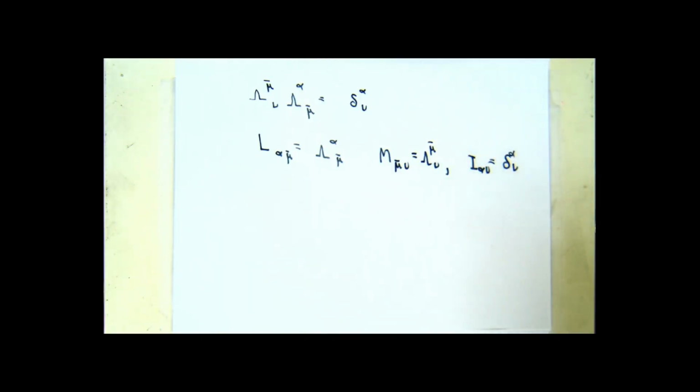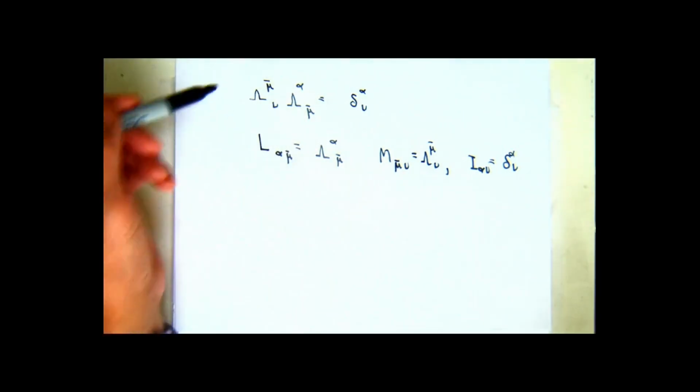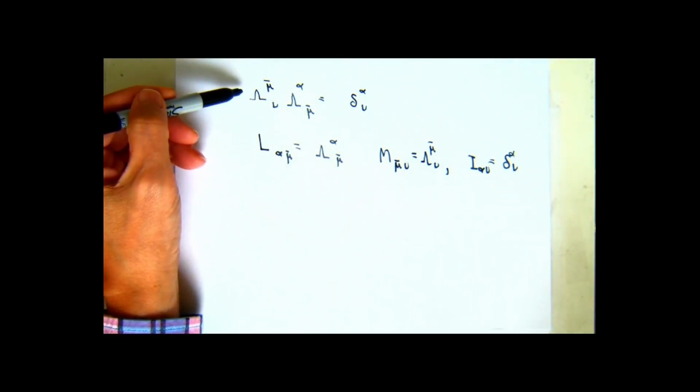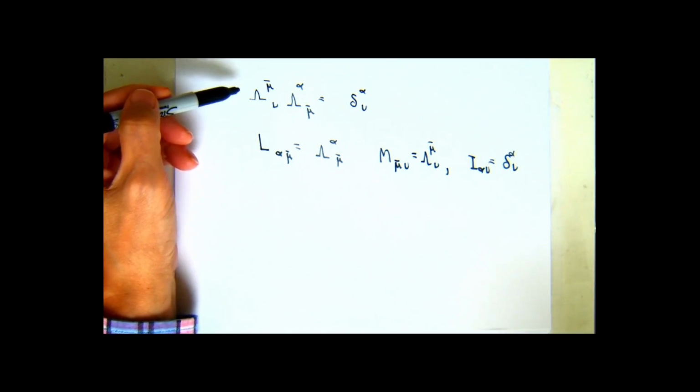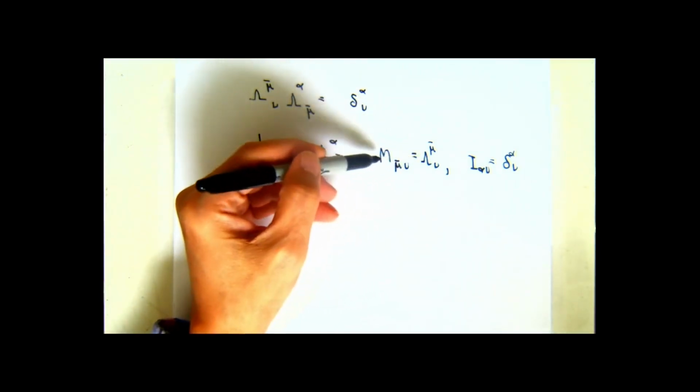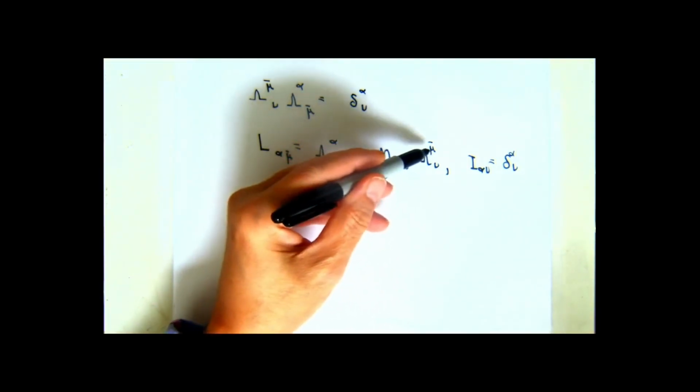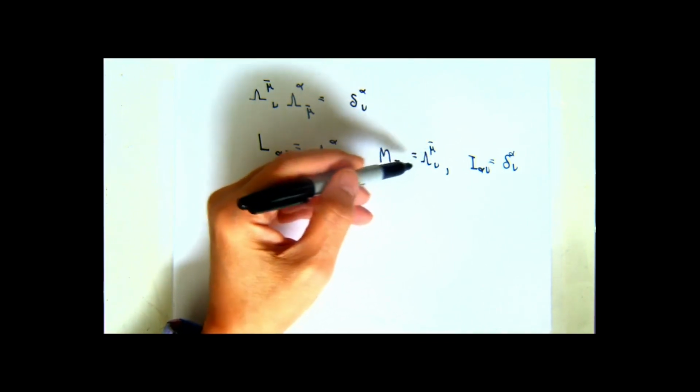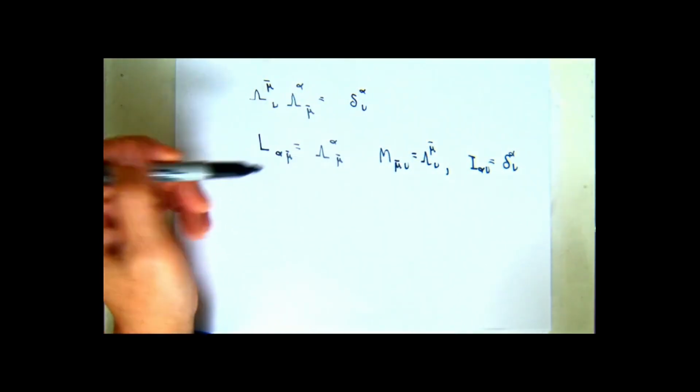I'm going to rewrite this in ordinary matrix language. Lambda mu bar nu, I'll think of being a matrix element out of row mu bar, column nu.